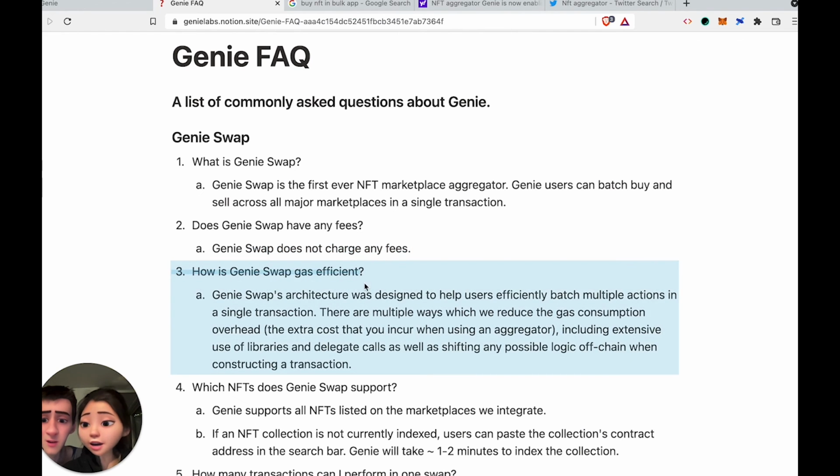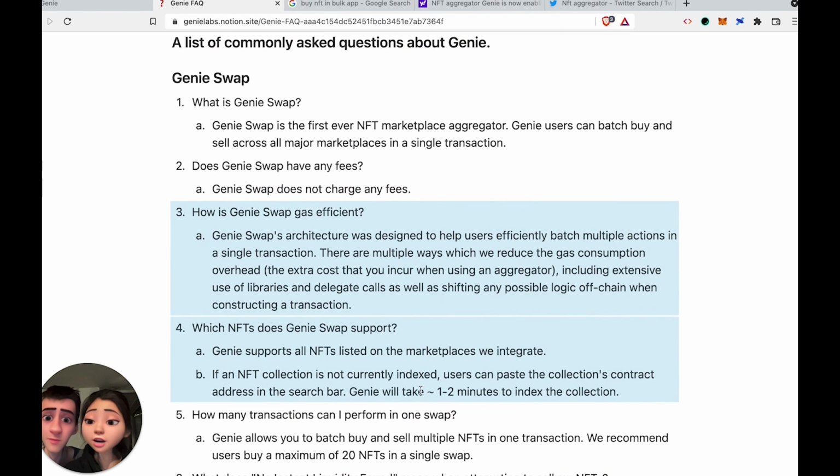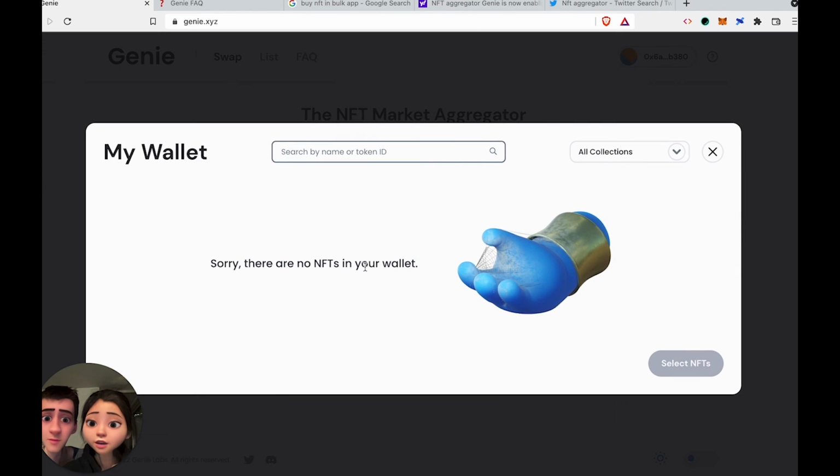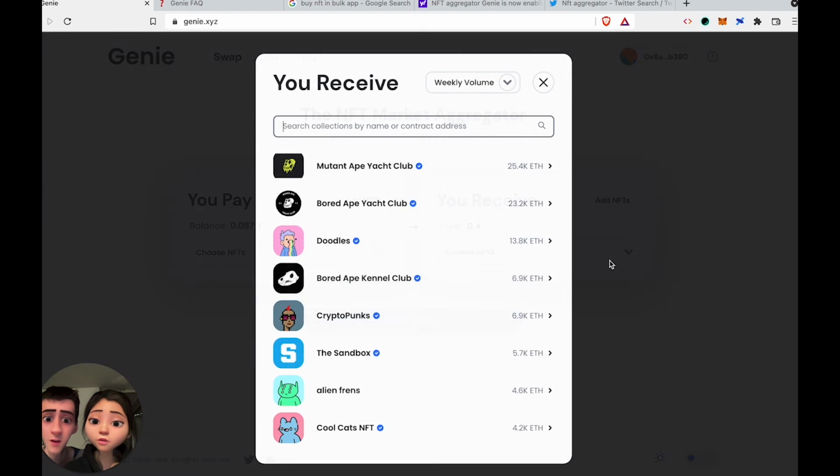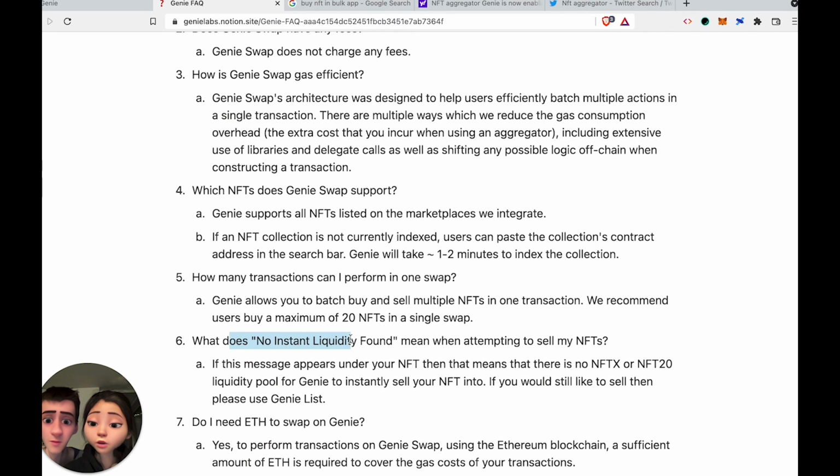Here is a section that explains why it's gas efficient. I won't go into detail. You can read it. Over here, you can add NFTs to sell and receive in ETH or in NFTs. There is a scenario where no instant liquidity found occurs. That means Genie.XYZ is not able to find you a buyer when you want to sell.